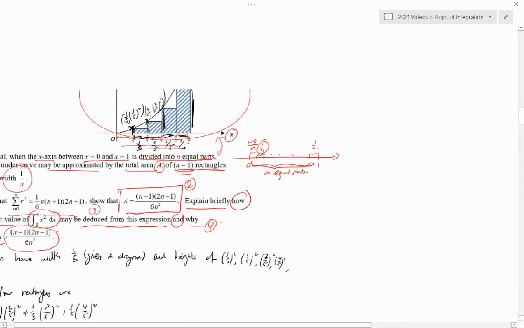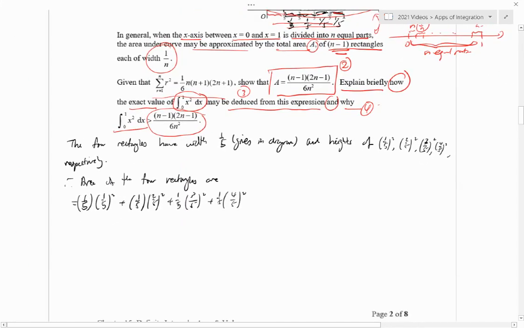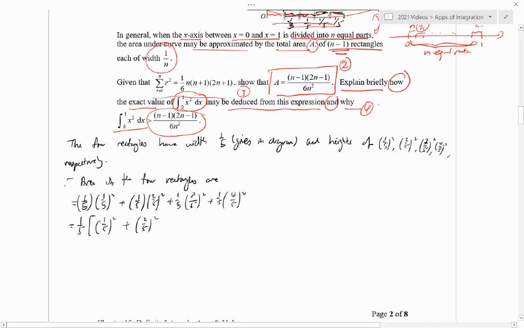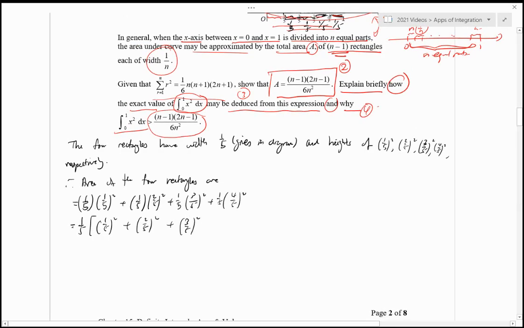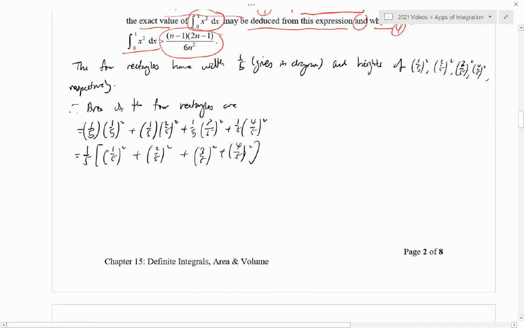Now remember the question asks you to prove 1 over 5 cubed times the sum of r squared, r equals 1 to 4. So where does this come about? We can factorize 1/5 first. So this becomes 1/5 times (1/5 squared plus 2/5 squared plus 3/5 squared plus 4/5 squared). By summation, you can rewrite the sum in the parentheses.